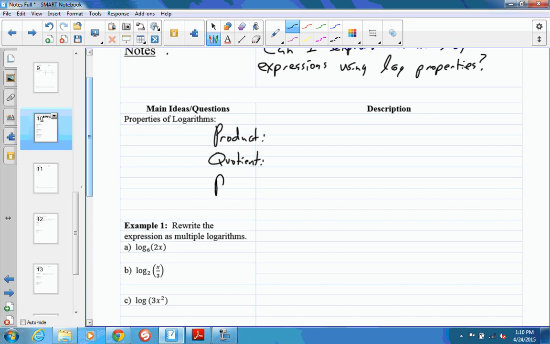And then one other one, guys, is the power property. So the product property states, if I have a log base b of a number that is 2 things being multiplied, so m times n, log base b of m times n, it doesn't matter what b is. I can split this up.